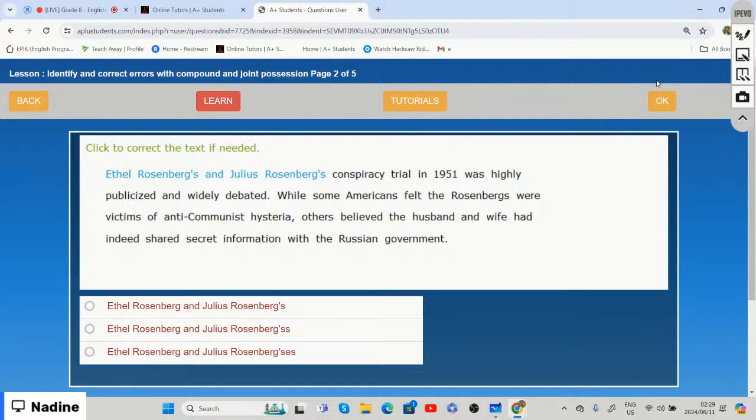All right, so we need to choose the correct text by showing the correct joint possession, or correct the errors if needed.